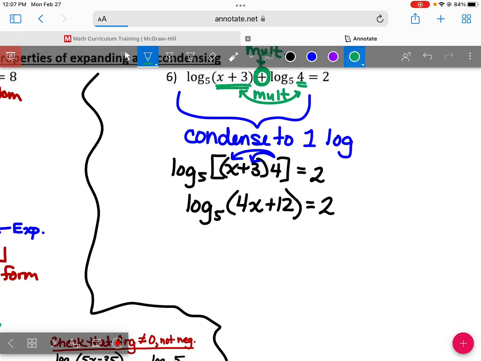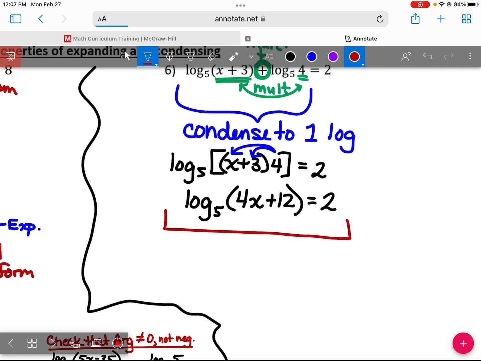I want to find x. Where is x right now? By the 4, and it's part of my base, exponent or argument. Argument. How do I isolate an argument? Yep, we're going to write this in exponential form.